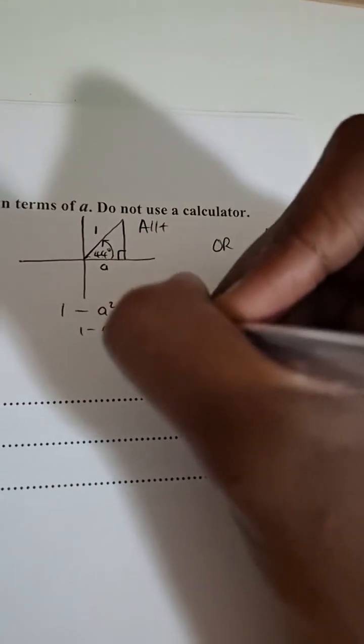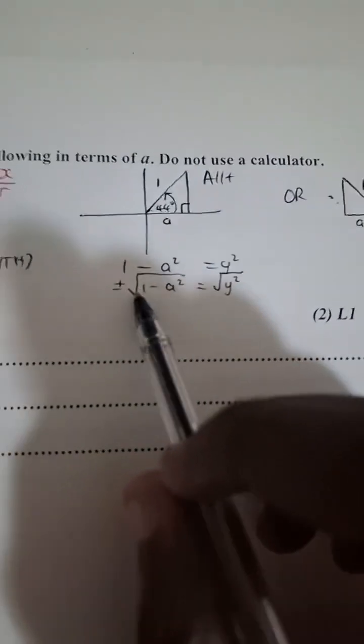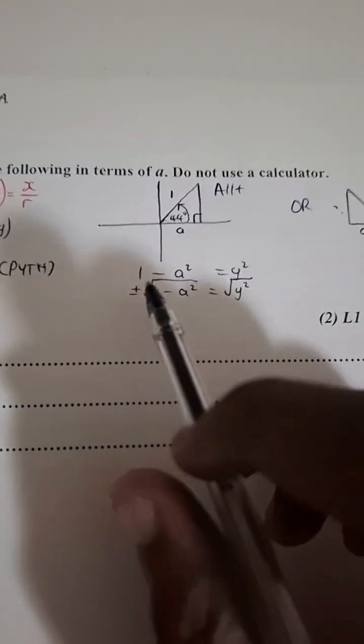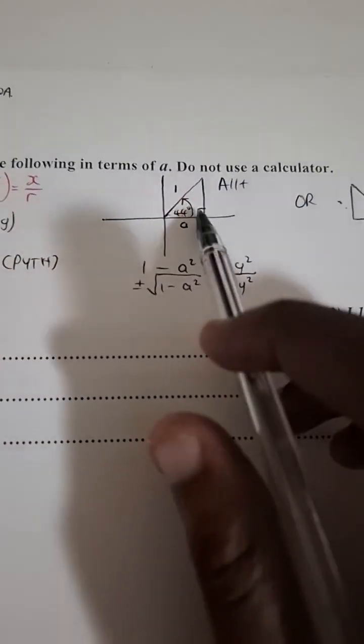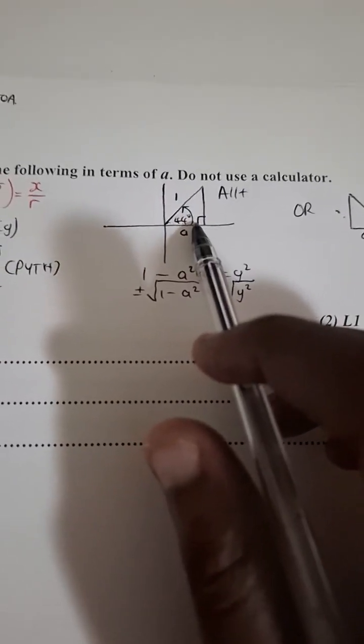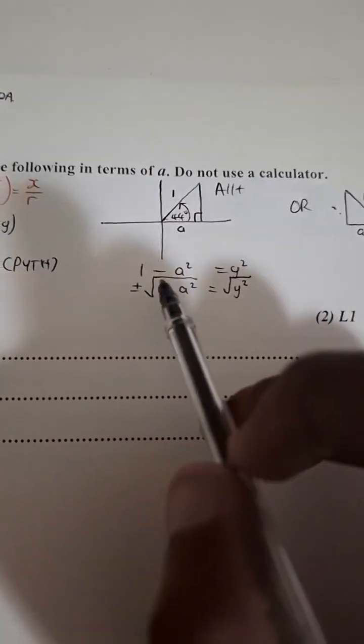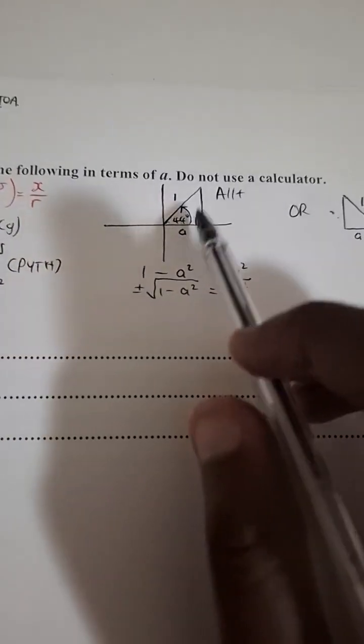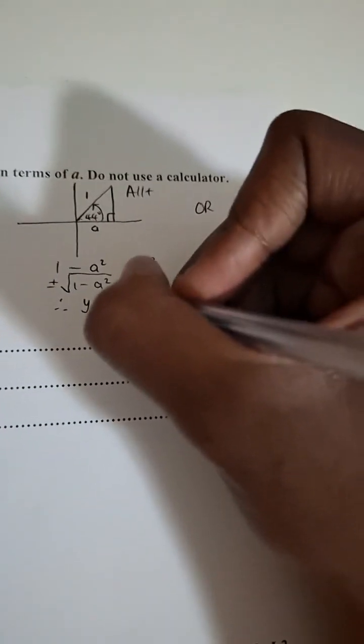I take the square root, because I want my value of y. When I do that, don't forget to put plus minus, because there are two answers I could get in that particular quadrant, depending on whether my y value is positive or negative. But since everything is in the first quadrant, I'm going to get a y value that is positive. Therefore, y is equal to the square root of 1 minus A squared.